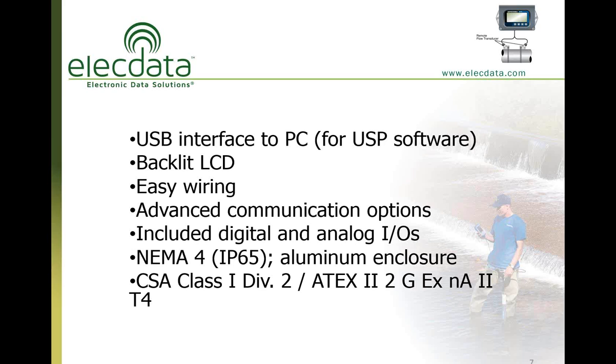It has a very easy wiring interface that we'll show in just a few seconds. There's advanced communication options, including digital and analog inputs and outputs. The housing is an aluminum enclosure that's rated for NEMA 4 IP65, and it's rated for Class 1 Div 2 for hazardous location installations.